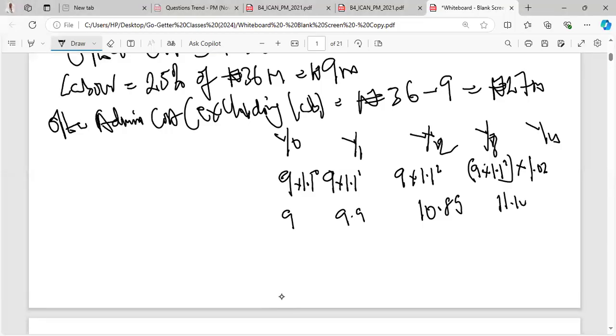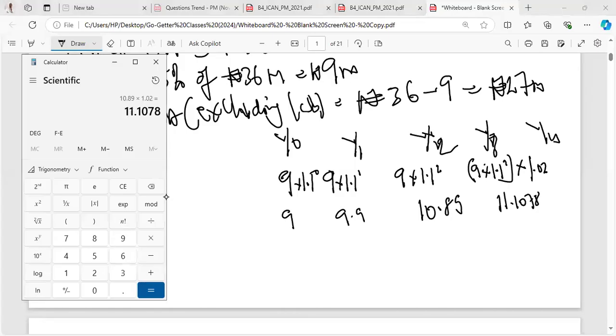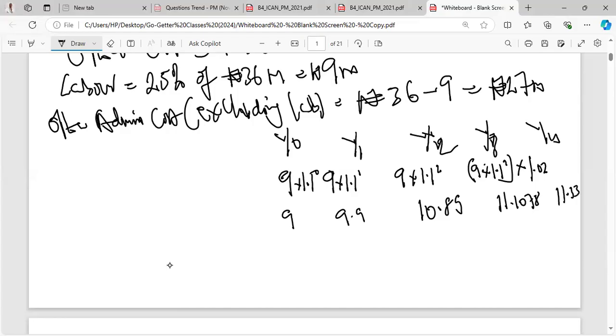And for year 4, you multiply by 1.02 again, so you're having 11.33. That's your labor cost for the next 4 years.